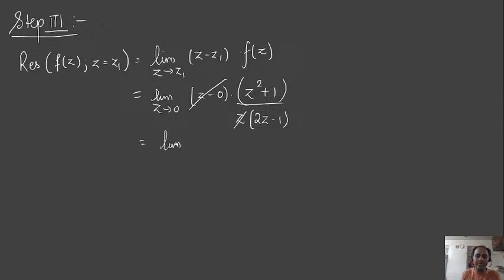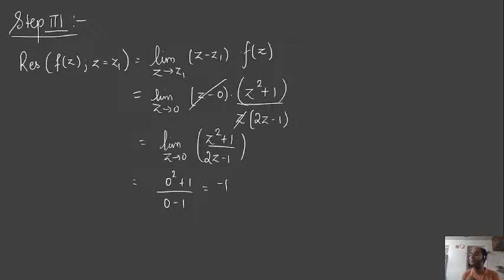So limit z tending to 0 of (z^2 + 1) / (2z - 1). The moment you substitute, you get (0^2 + 1) / (0 - 1), that is minus 1 is the answer.